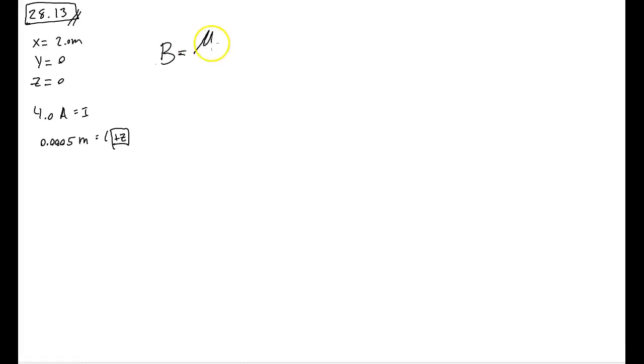So it's mu sub naught over 4 pi times I, the current, times dL cross r hat over r squared.